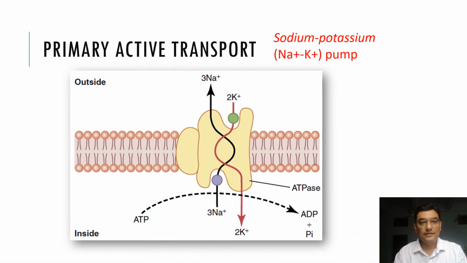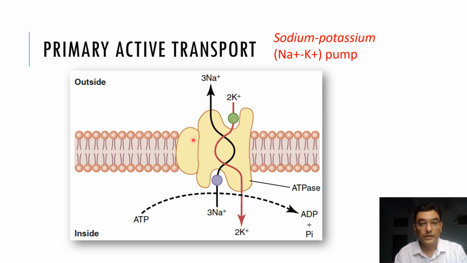Then we will see the primary active transport, and its very important example is the sodium potassium pump. The sodium potassium pump pumps the sodium ions from the inside to the outside and the potassium ions from outside to inside against their concentration gradient. This carrier protein has two subunits.